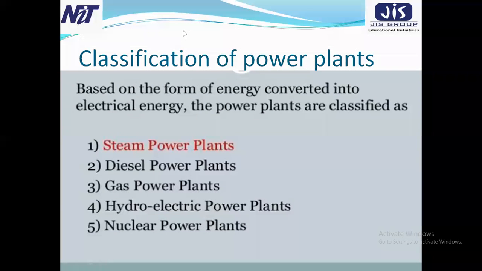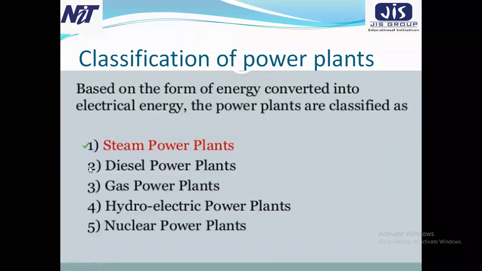Based on the form of energy converted into electrical energy, the power plants are classified as, first, steam power plant, then diesel power plants, gas power plants, hydroelectric power plant, nuclear power plant, and nowadays the solar plant and the wind plants are also available in the market. My topic of discussion today is basically the design of steam power plants.